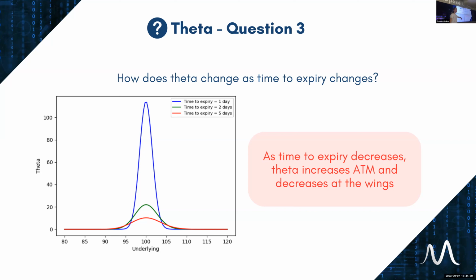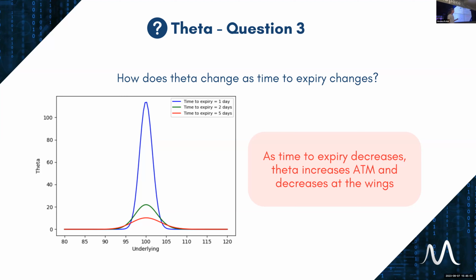Anyone know why? Time to expiry decreases, yeah, your theta will decrease, so the same direction. If you remember, this looks very similar to the gamma graph as time to expiry changes.